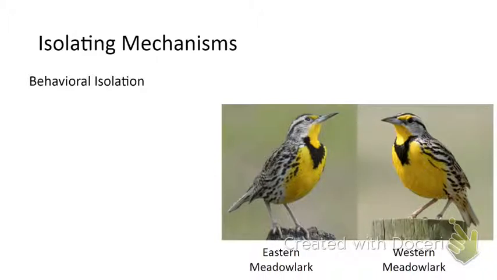At one point, they were one species, but somehow the song of one and the other became different, where they only attracted a certain one, and so they become two different species. And so this is behavioral because their mating song is a behavior, right?